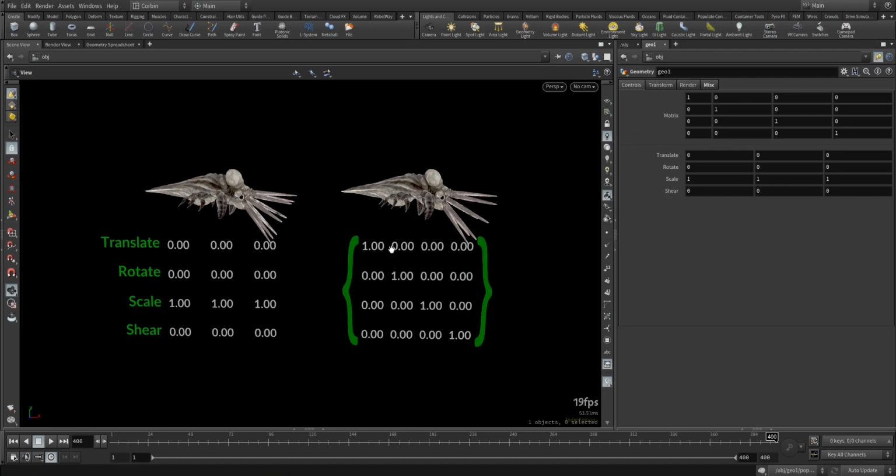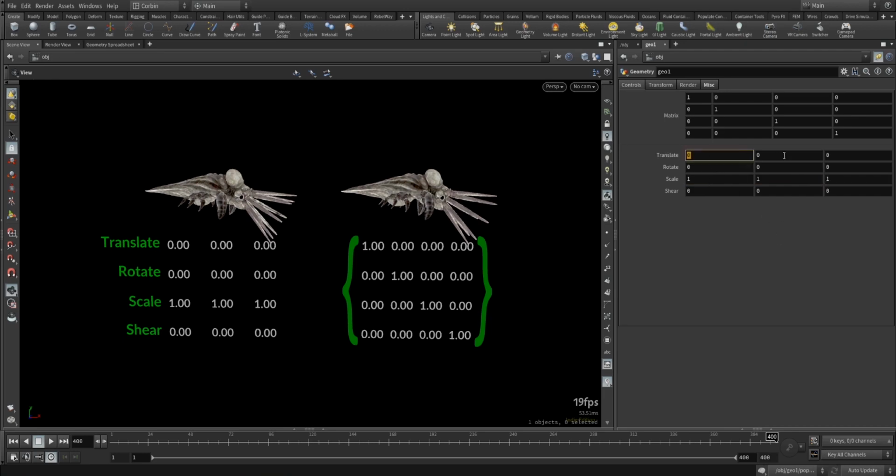Now, I just want to point out, I'm sure you will have noticed here that this is a default matrix. So when I have no translations, no rotations, no scale, and no shear. But I just want to point out that no scale means 1, not 0.